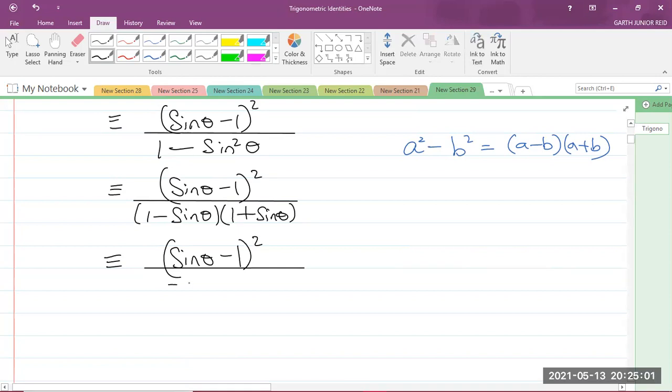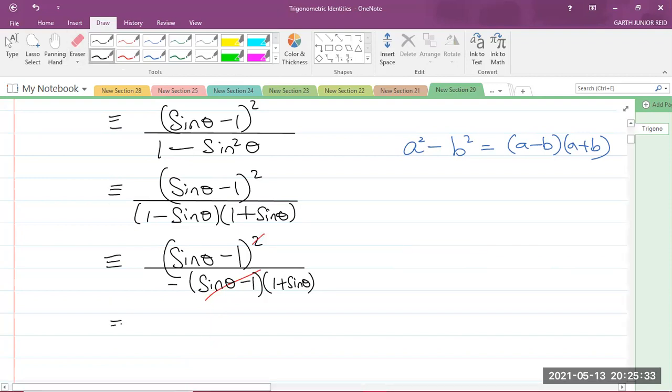When I factor out the negative 1, the sine theta turns into a positive, but the 1 changes into a negative. And I still have the 1 plus sine theta term in the denominator as well. Now, if you look carefully, we can do some cancellation. I can cancel out one of the sine theta minus 1 terms.